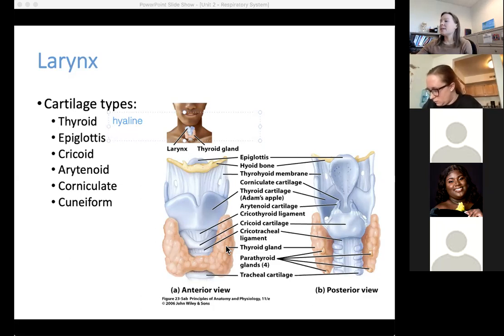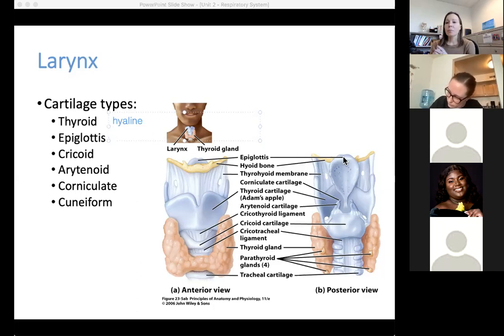All right, next is the epiglottis. So look at the back of the larynx. Look at this structure right here. It looks kind of like a curved spoon. This is the epiglottis. It is a pretty flexible piece of cartilage. So this is actually elastic cartilage, which is the most flexible type of cartilage.